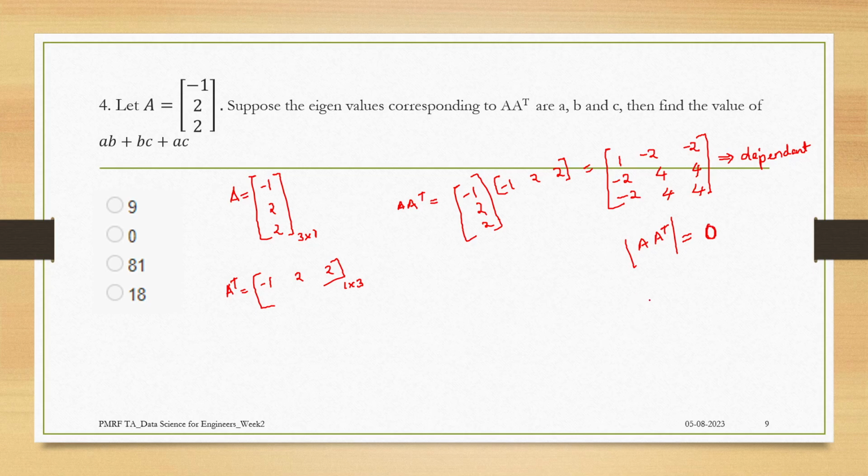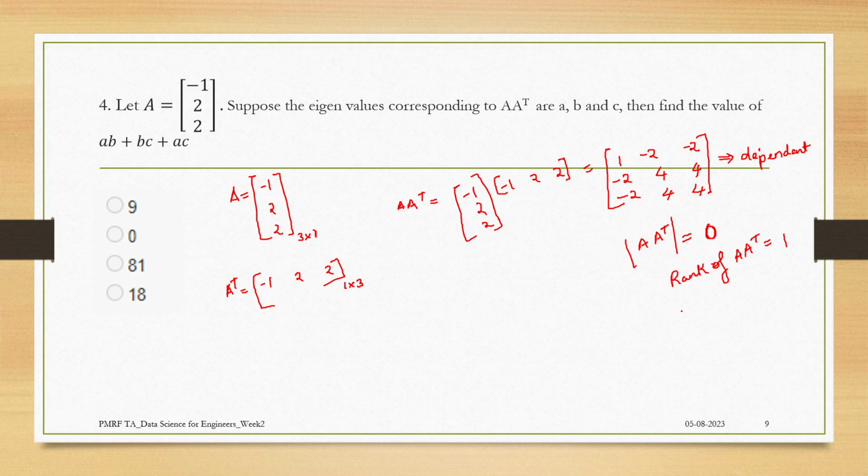Another thing you can look at here is the rank of this matrix. Can you tell me the rank of A transpose? Okay, 1. People are putting yes, 1. Yeah, because you can write all these rows as a combination of the first row.